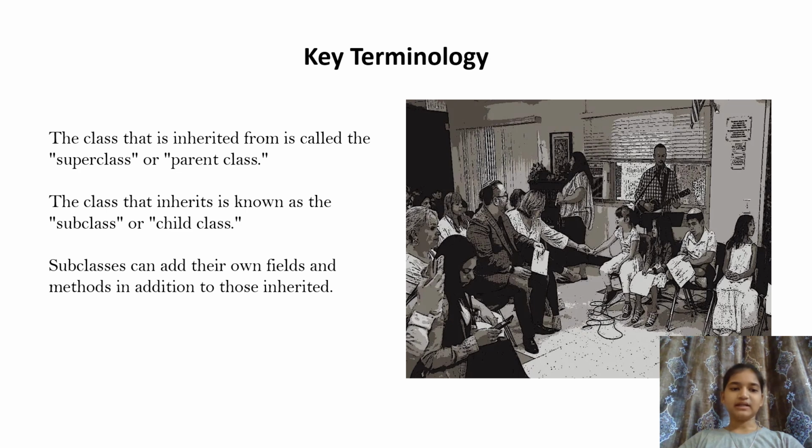The class that is inherited from is called the superclass or parent, and the class that inherits is called the subclass or the child class. Subclasses have their own fields and methods in addition to those inherited.